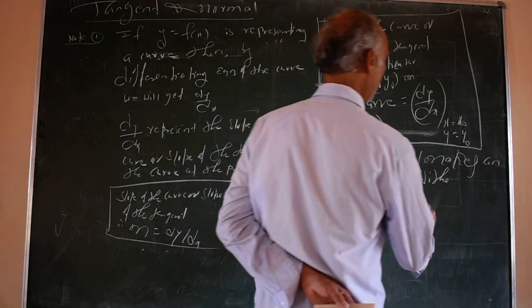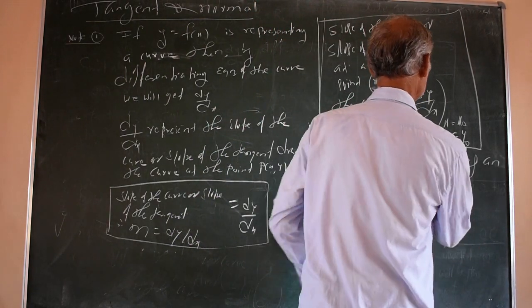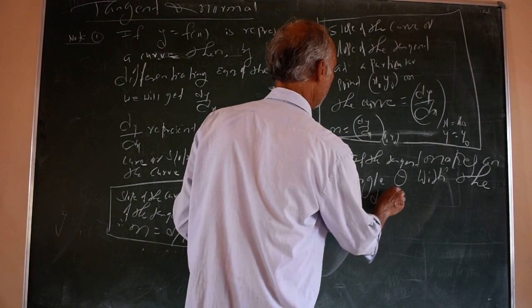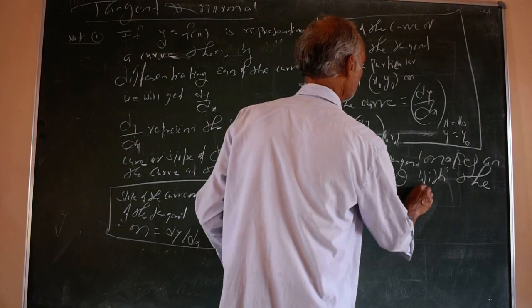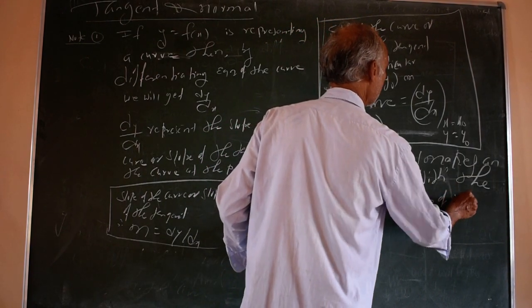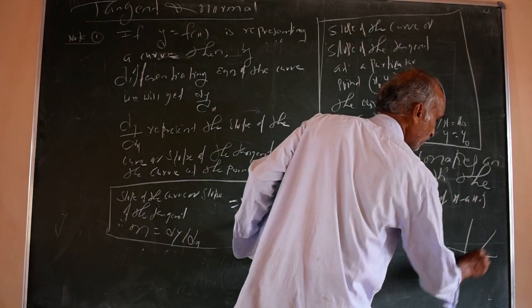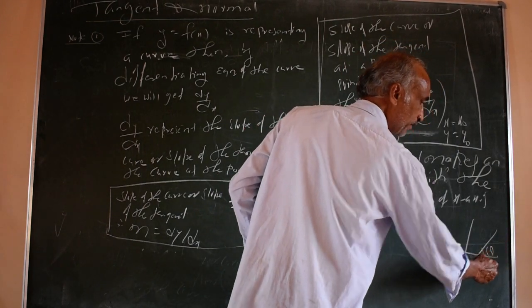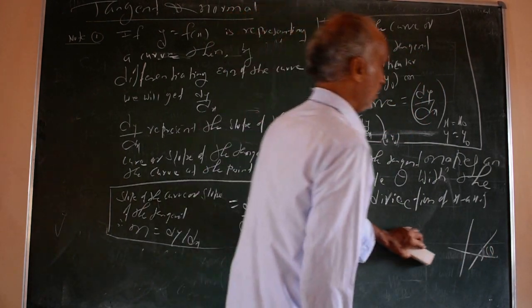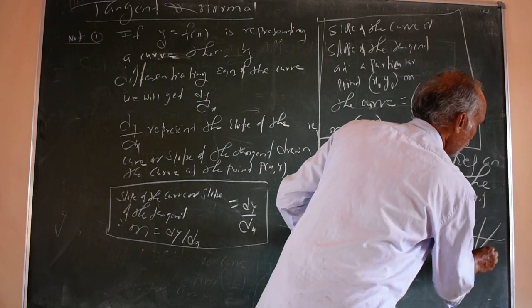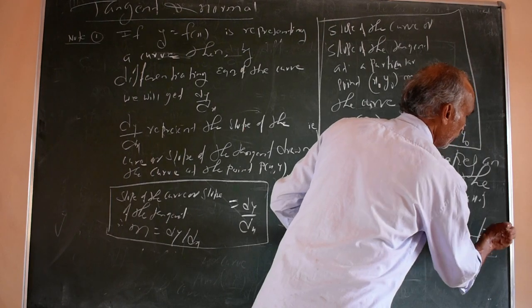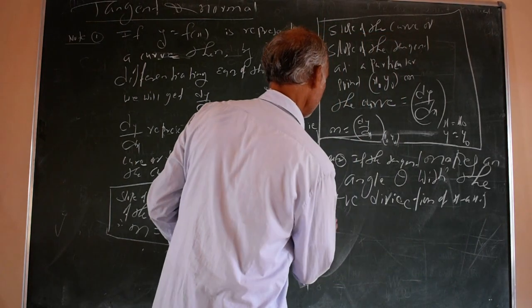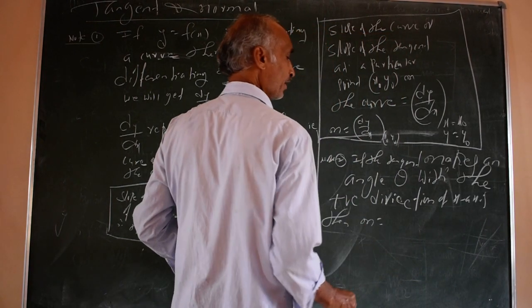The positive direction of the x-axis is in this direction. This side is negative, the right side is positive. Positive side of the x-axis, then m is equal to what? Tan theta.